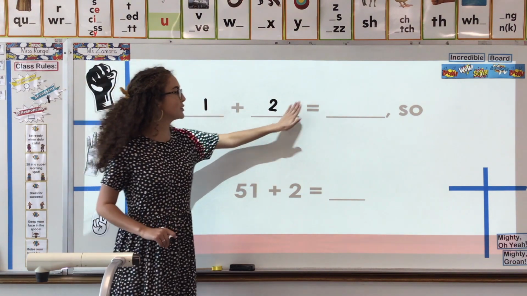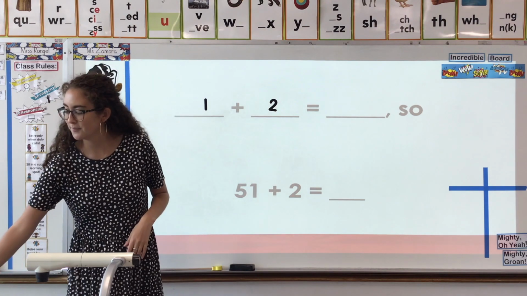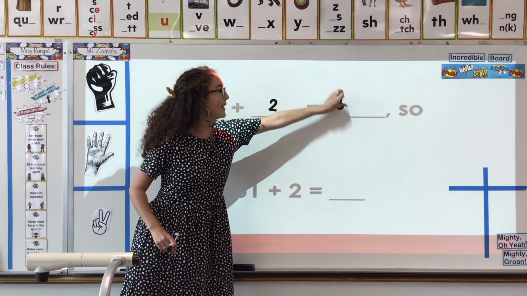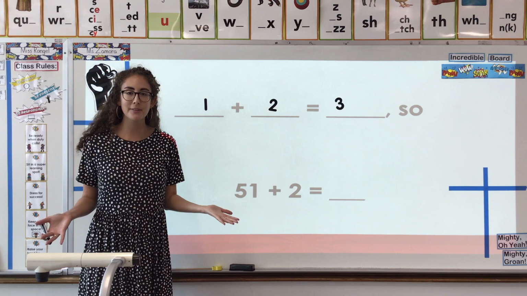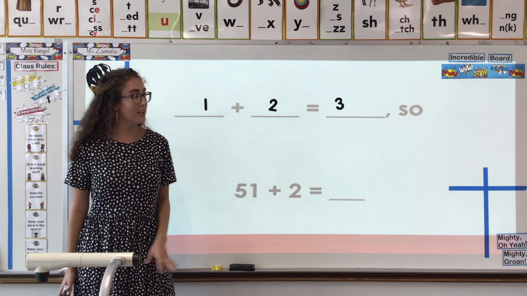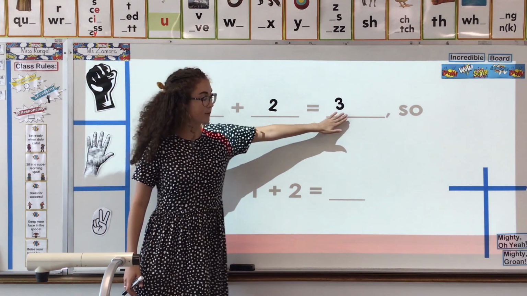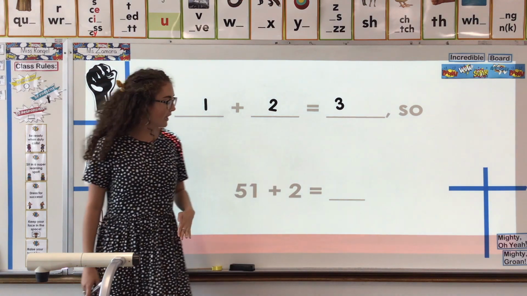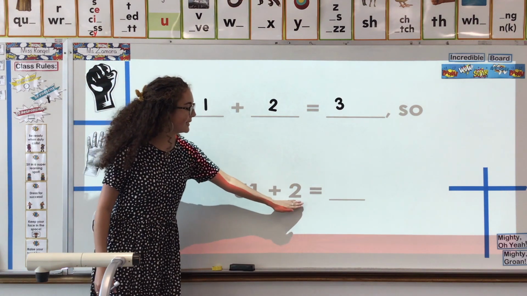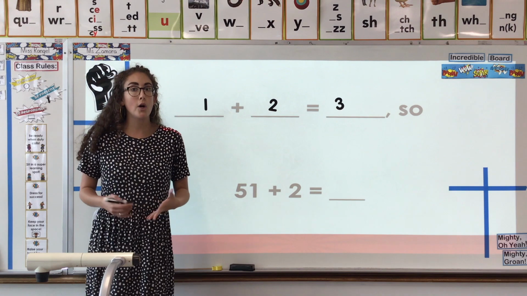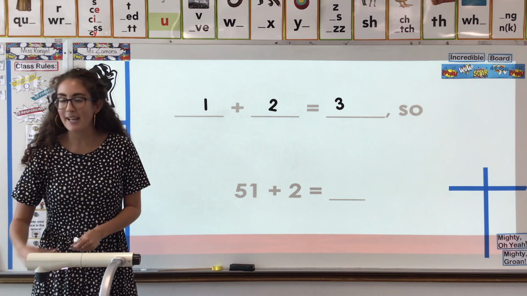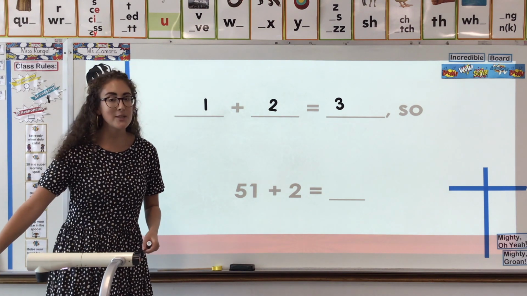So 1 plus 2 equals 3. Simple enough. And since we know that 1 plus 2 equals 3, we can figure out that 51 plus 2 equals what? All we got to do is add our ones.